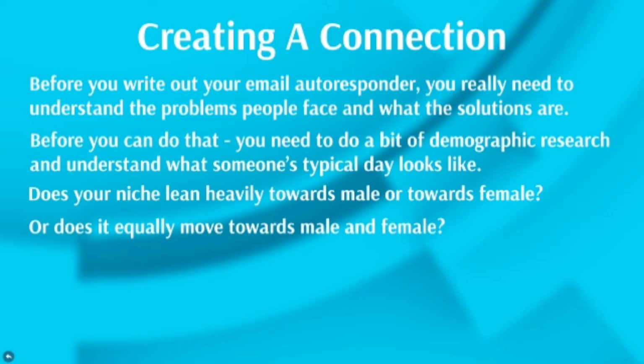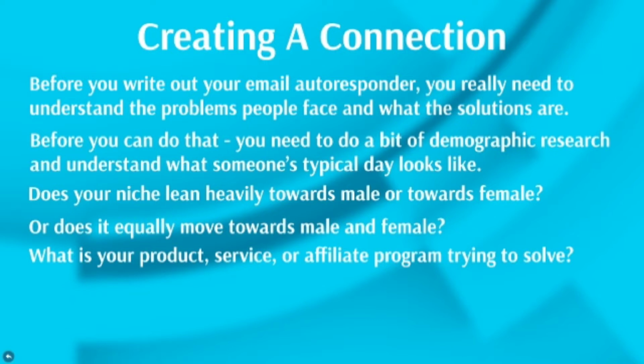But even 75%, you're kind of moving towards that 50% so that it's both male and female. But if it's heavily towards males or heavily towards females, 80% or above, or 90% or above, then you want to jot that down.